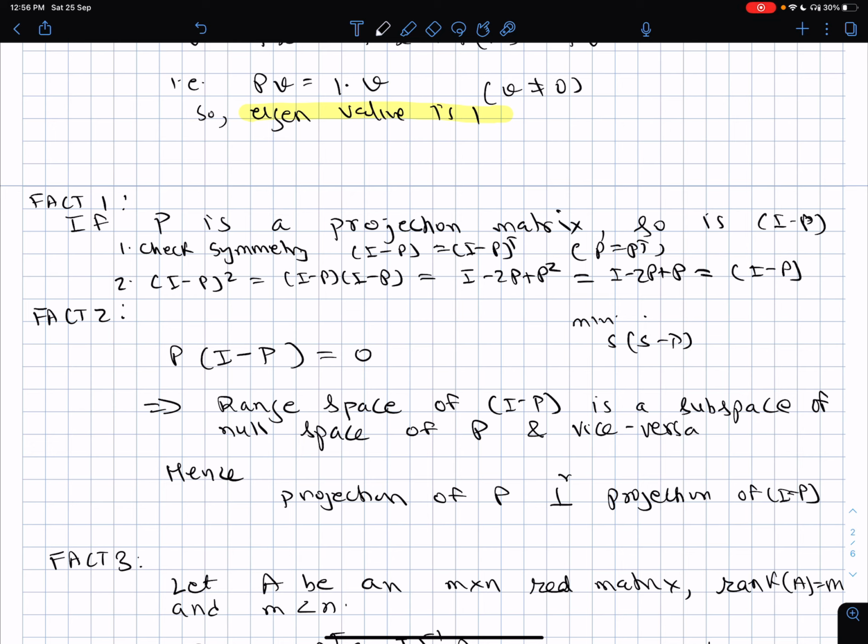Very easy to verify that P times I minus P is P minus P squared, which is again the same as P, so P minus P, therefore a zero matrix.